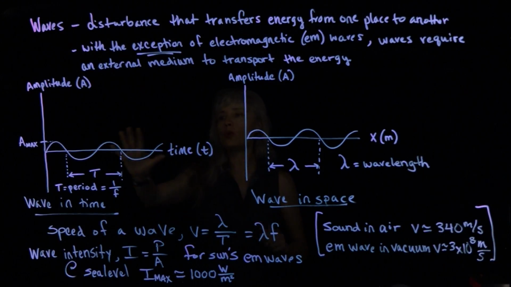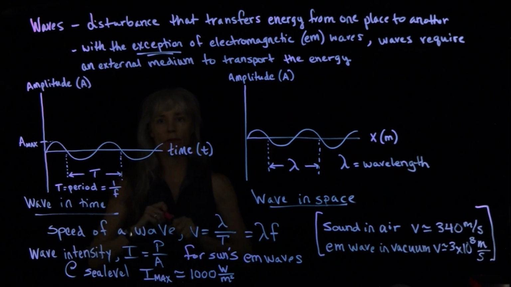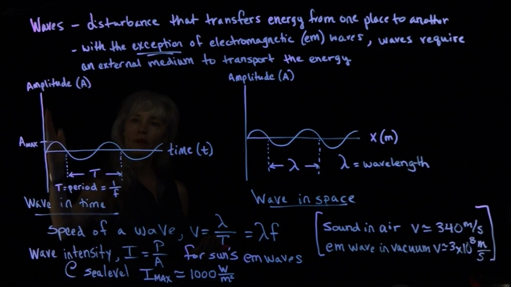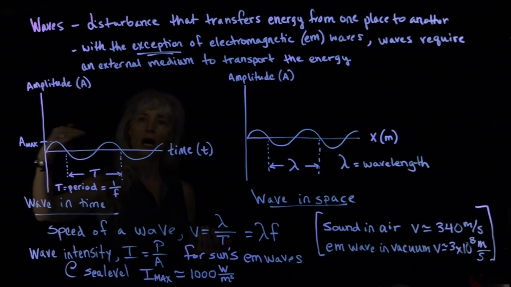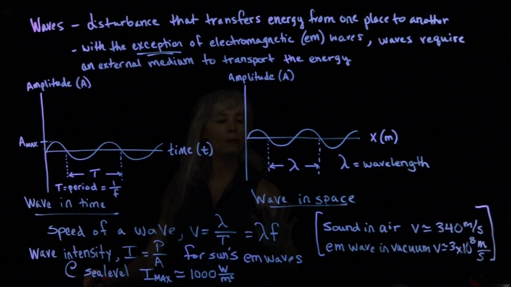So I've drawn two different diagrams of a wave. One is a wave in time. What do I mean by that? Well, I've got the amplitude of the wave on the vertical, and I've got time on the horizontal. This other diagram is a diagram of the wave in space.